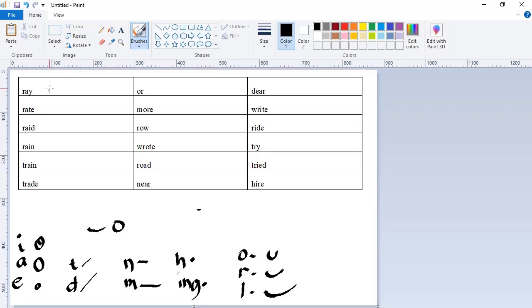Your stroke should look like this. R, A. Ulitin natin. R, A. Rate. So, we have ray plus T. It should look like this yung inyong stroke. R, A, T. Rate. Now, you see, when you're stroking, there should be no unnecessary spaces there.